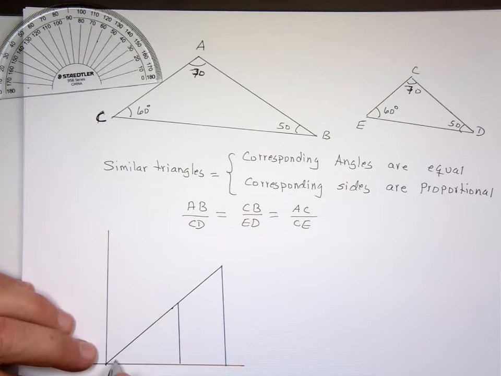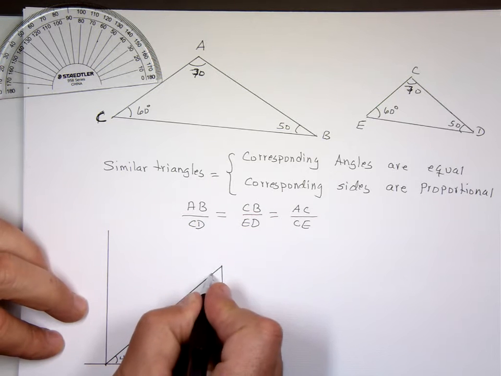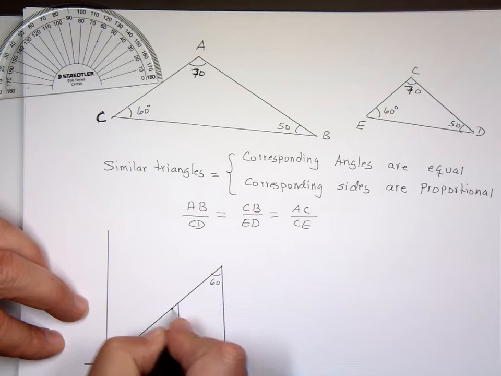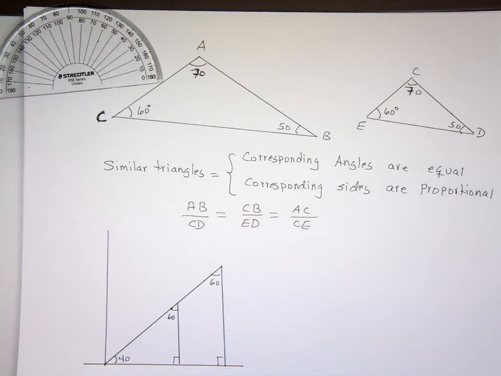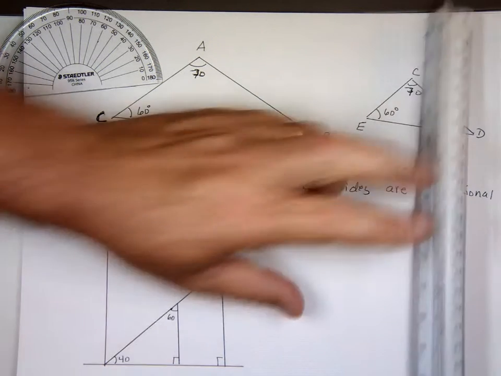If this is 40, this is 90, I know what that angle is. What's 40 and 90? 130, so that's really 50. What's this angle? That's also 50. So the angles have to be the same, and they are the same. The corresponding angles are the same.